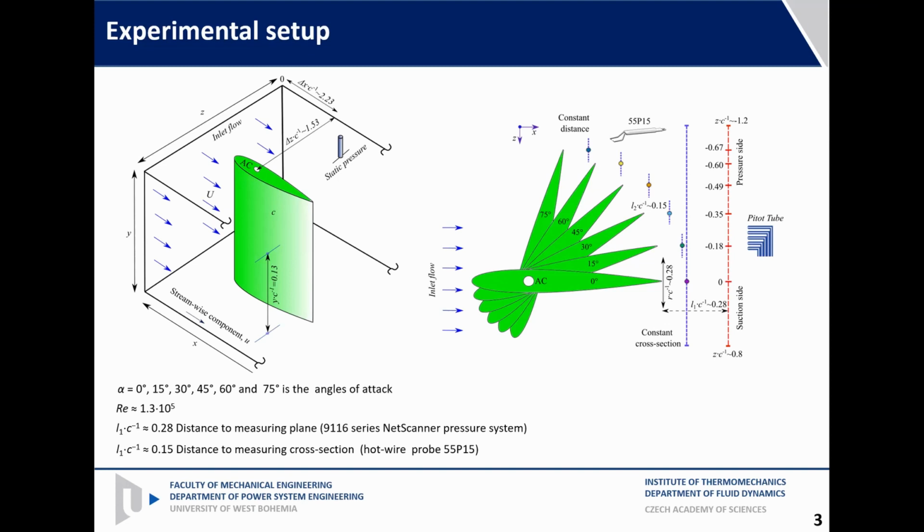Also, for investigating the topology of the wake, we used a pitot tube and an intelligent pressure scanner system. The experiment was made at a Reynolds number corresponding to approximately 20 meters per second, and we changed angles with a step of 15 degrees. Accordingly, we investigated the structure of turbulence at 0, 15, 30, 45, 60, and 75 degrees.